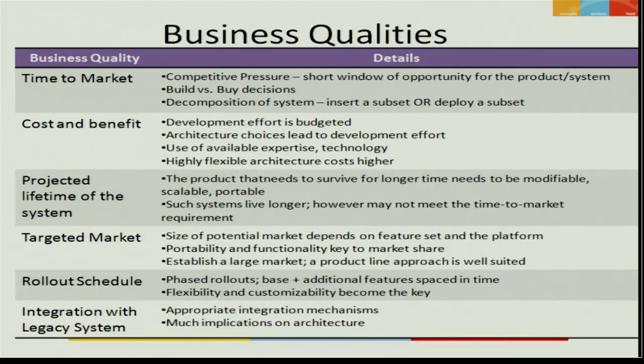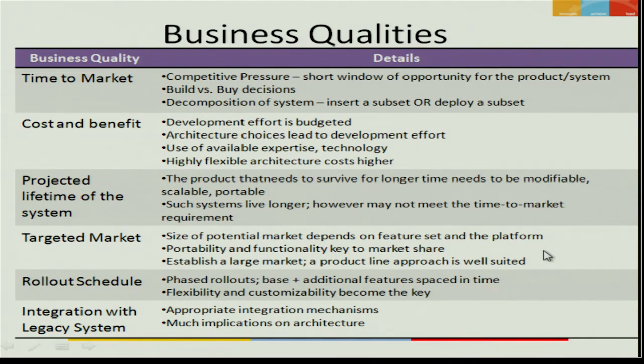In addition to these software qualities or system qualities, there are the business qualities, which I said we are not going to cover, but let us look at what those are. Time to market is essentially about competitive pressure, a very short window of opportunity for the product and system.